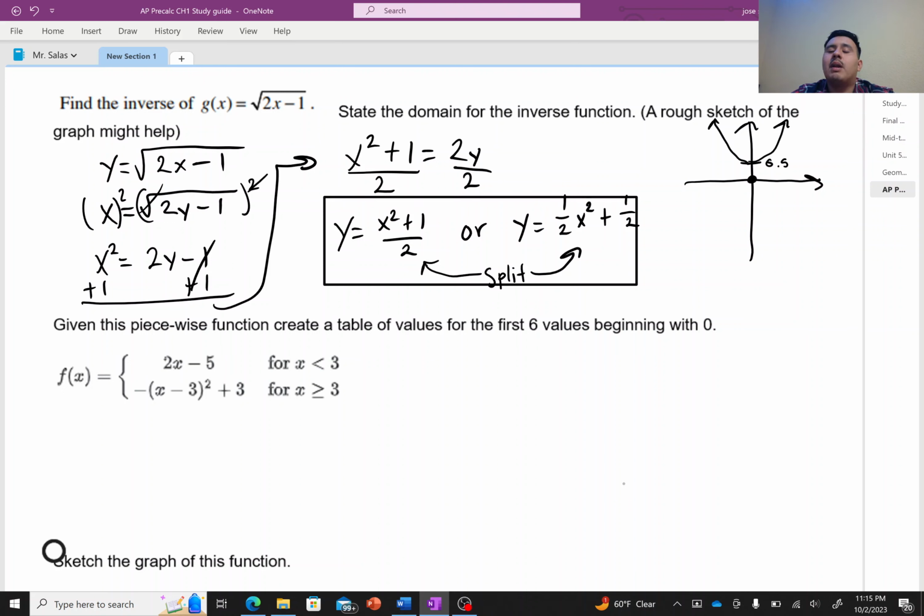So what is the domain? I'm looking at all the high x values and all the low x values.